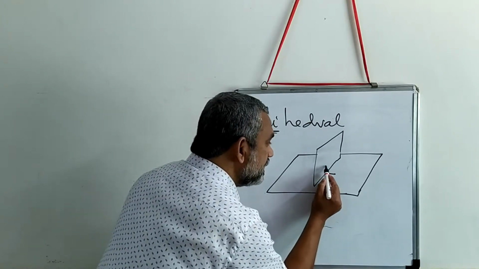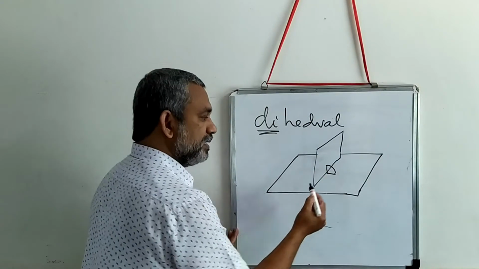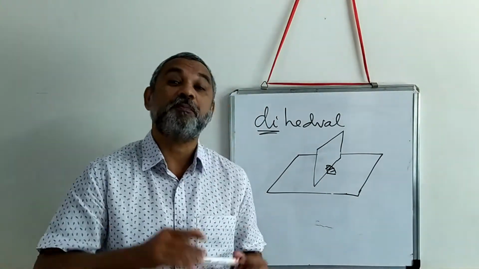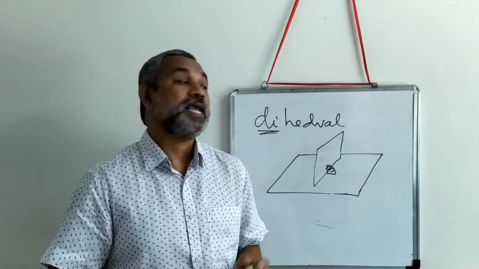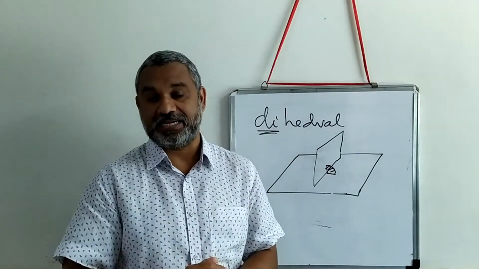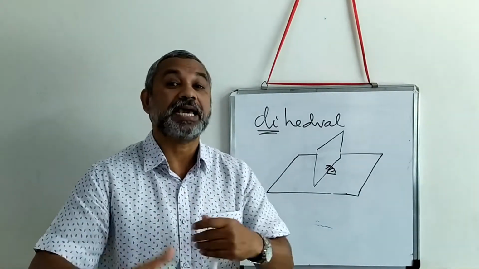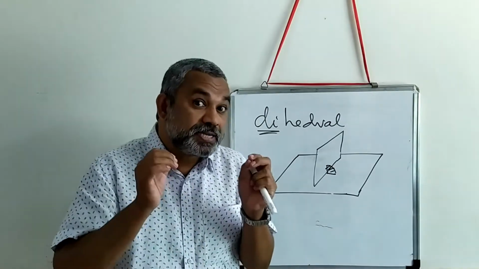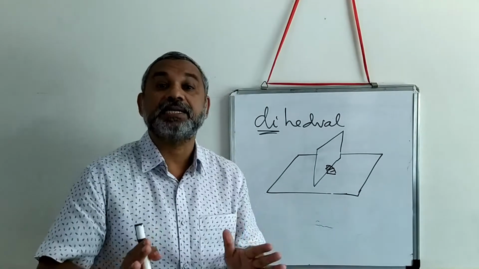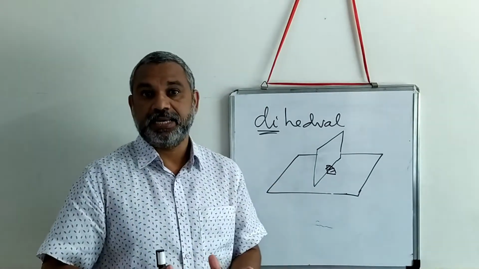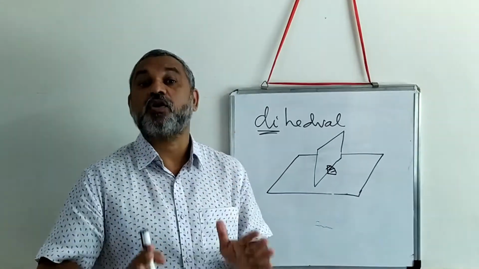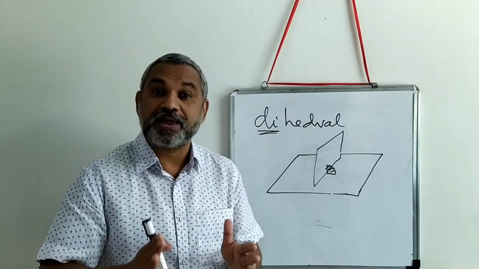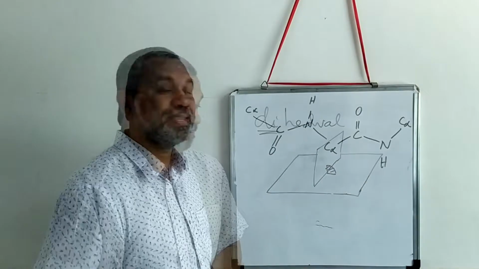This angle created by two planes is the dihedral angle. So the dihedral angle is a kind of torsion angle. There are different types of dihedral angles created in the structure of a protein. We will look elaborately at these angles.